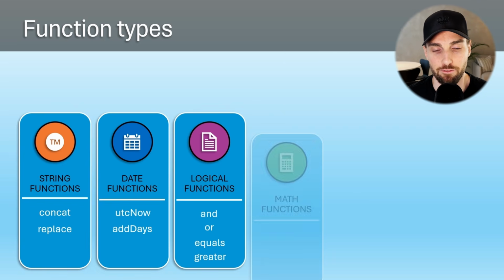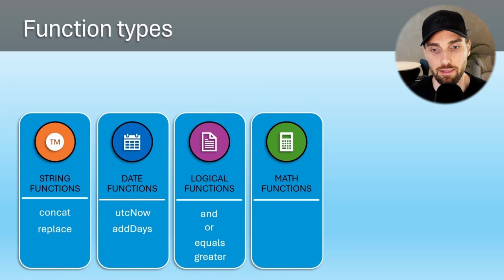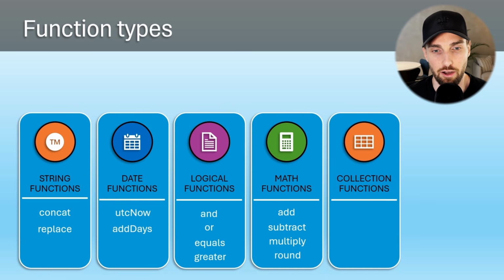Then we have math functions that allow performing arithmetic calculations and mathematical operations. Some examples of these functions are add, subtract, multiply, round, max, and min, which are quite self-explanatory if you have done some basic math studies. Next, we have collection functions that are meant for manipulating arrays and objects.